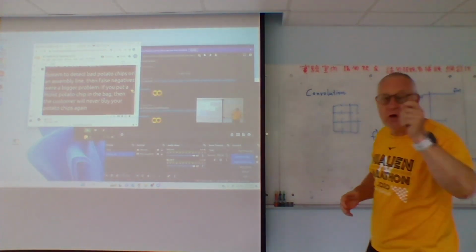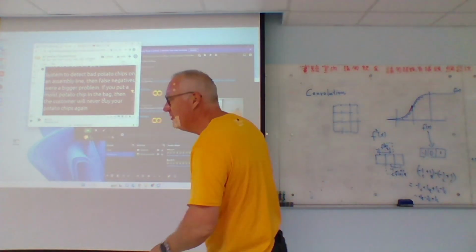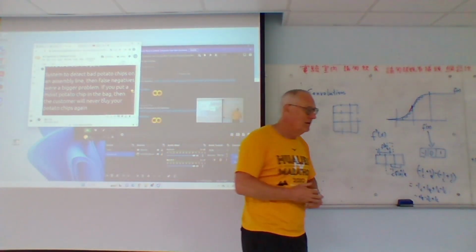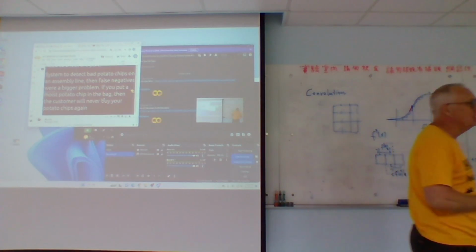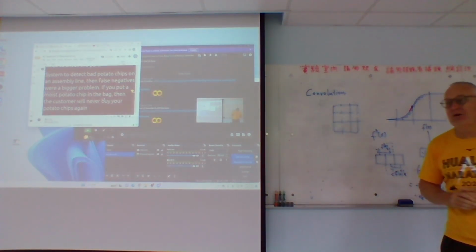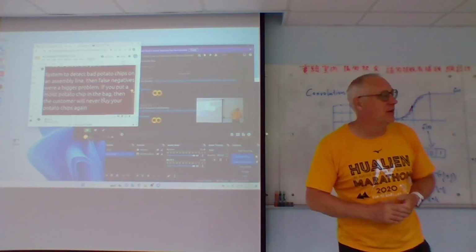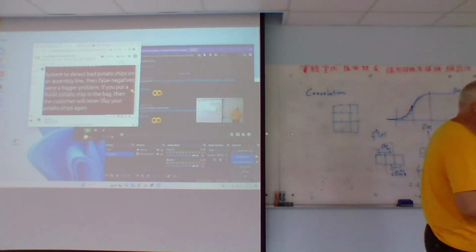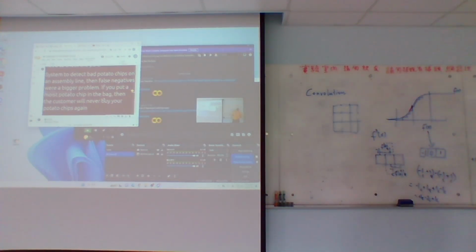But if you put one of those potato chips into the bag and sell the bag, then the company has a huge problem. Right? So in that case, we had to tune our classifier to make sure that we do not have any false negatives at all, or as close to no false negatives at all as we could possibly do.